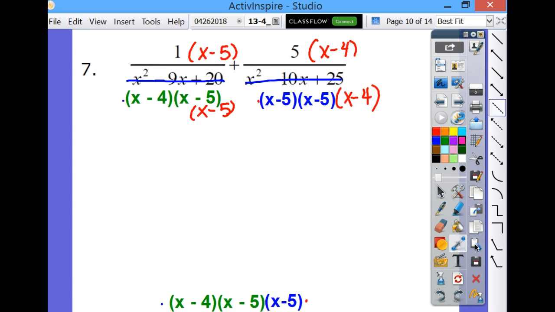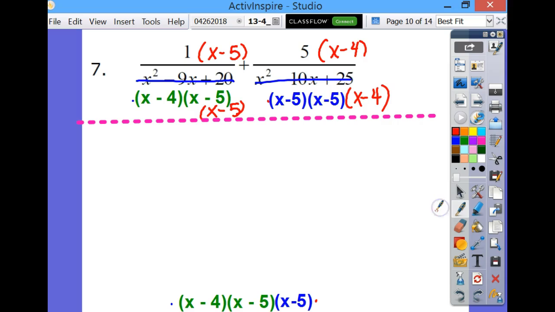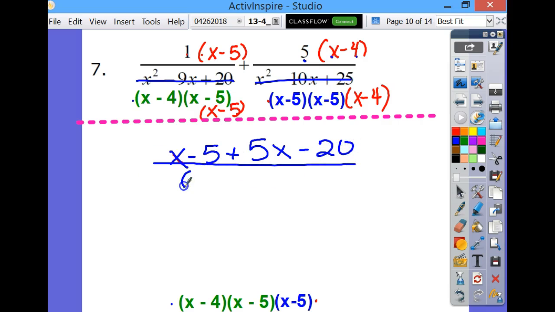Now I need to calculate the new numerator. This is easy. 1 times x minus 5 is x minus 5, plus 5x, multiply that, you get 20, all over the common denominator.